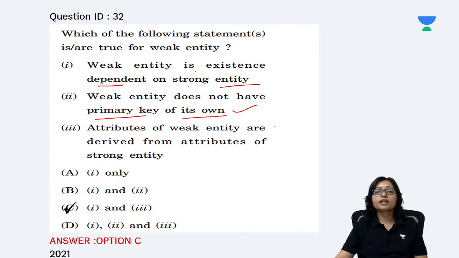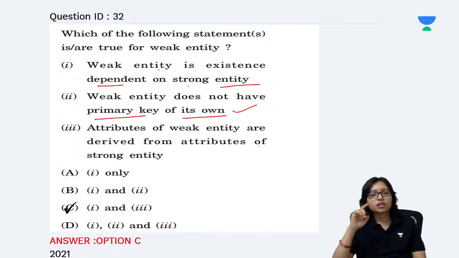Attributes of weak entity are derived from the attributes of strong entity. As per me, 1 and 3 is the answer given. But weak entity does not have a primary key of its own, so option 2 is definitely correct.